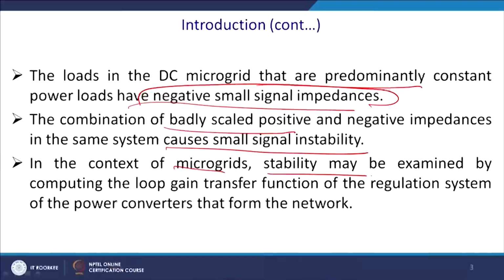In the context of the microgrid, stability may be examined by computing the loop gain transfer functions of the regulated power converters that form the network.